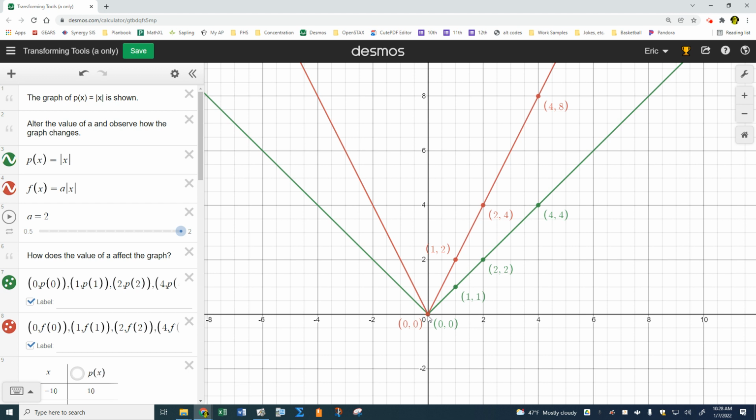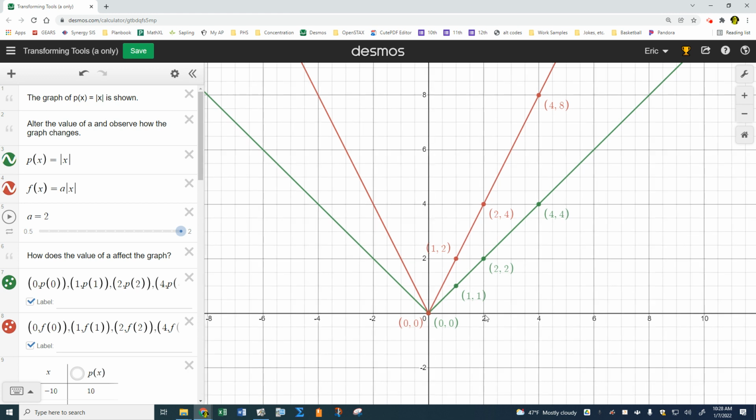If he goes 1 to the right, he's going up by 1. So the function is 1 unit tall when he's 1 to the right of the vertex. If he goes 2 to the right, then he goes up 2. Height is 2. Give me 1 to 5 on that concept. I just want to make sure I explain that. Okay, everybody got that?